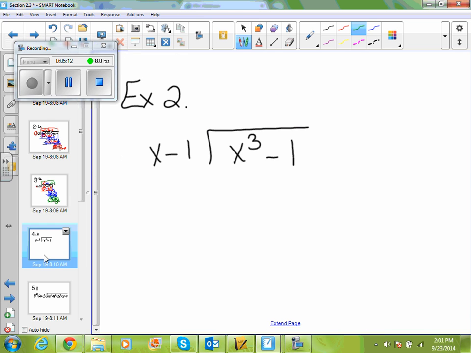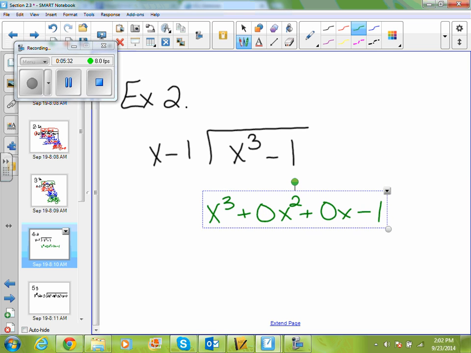Okay, sometimes an easier way to write that would be to include zeros for your missing terms. So this is like x cubed plus 0x squared plus 0x minus 1, because we don't have any x squared terms and we don't have any x terms.